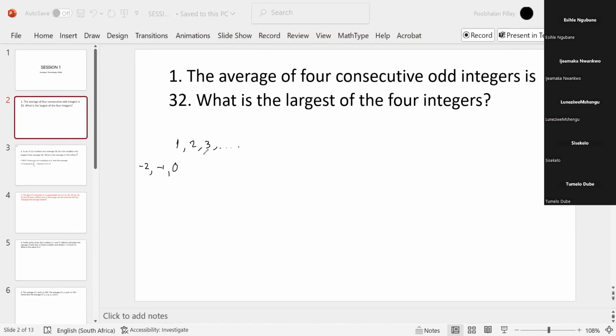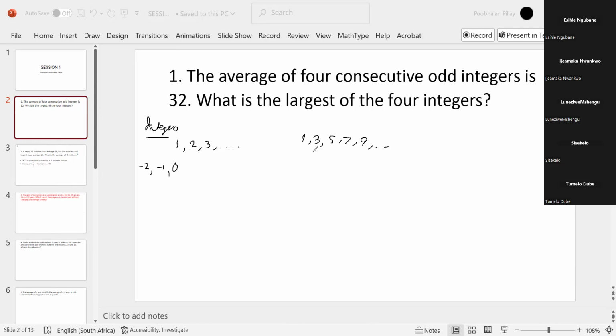So it's the counting numbers together with the negatives together with 0. These are the integers. Okay, now you got the word consecutive. Consecutive and odd. The odd integers obviously are 1, 3, 5, 7, and so on.